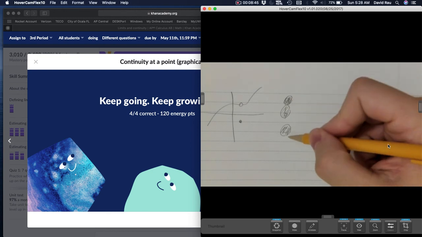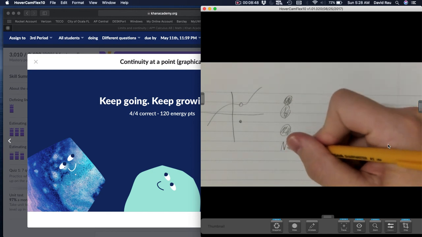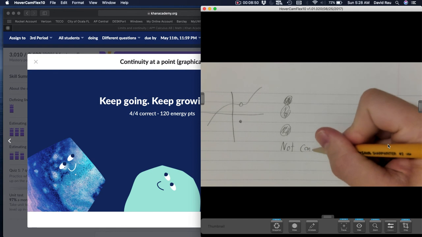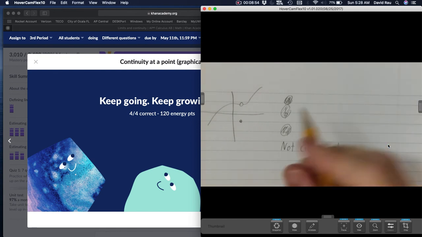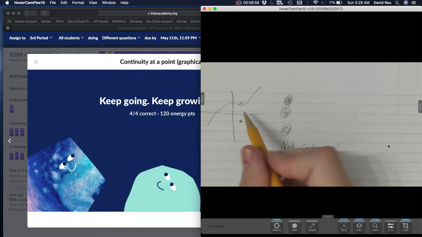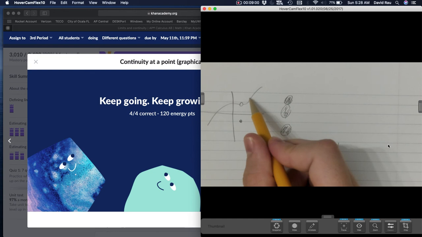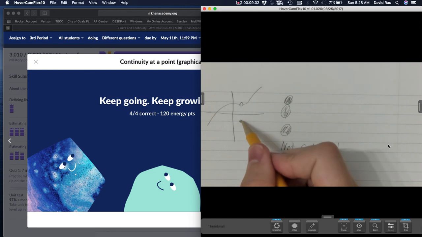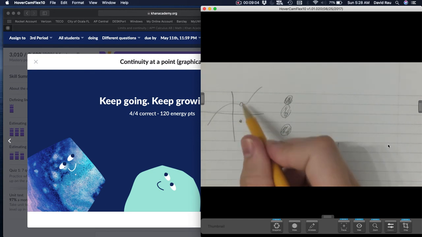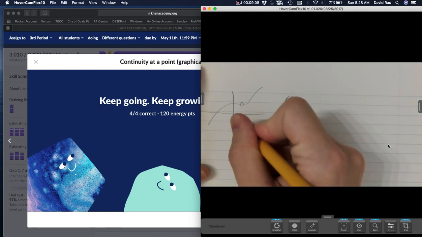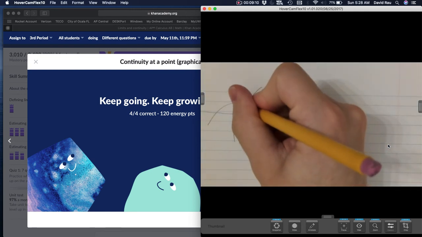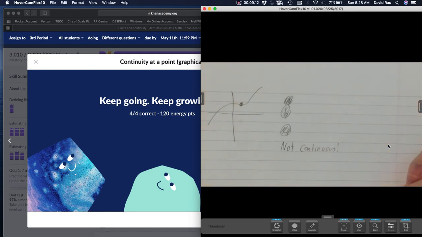So A, B, and C are true, but it's still not continuous, because they're not all the same value. Here the limit's approaching again, I don't know, 1.7. Here the limit's approaching 1.7. Here the function value is -1. They're not all the same, so it's not continuous. How do you make it continuous? Well, you fill the circle. Now it's continuous.